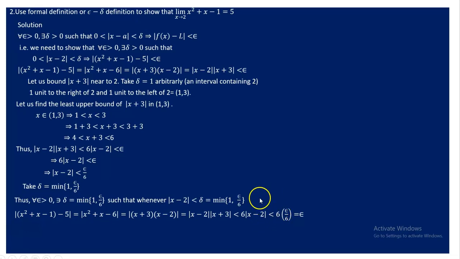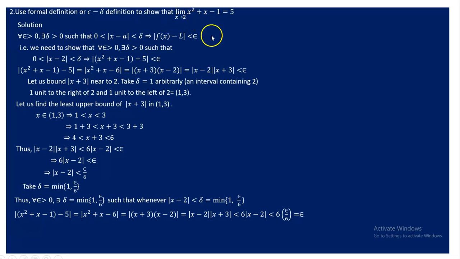So 6 times absolute value of x minus 2 is less than 6 times epsilon over 6, because we have been told that delta should be the minimum of the two. But the thing here is you have to consider delta to be a small number, because you are analyzing the limit as x approaches number 2. Approaching 2 means considering the difference between x and 2 to be very, very small.